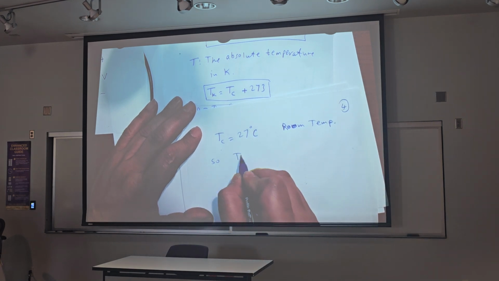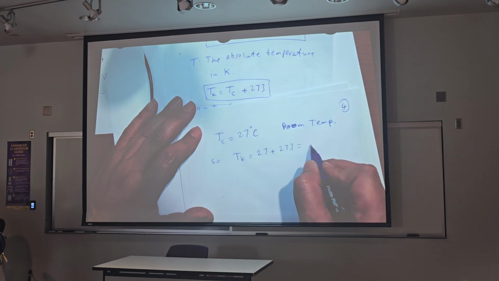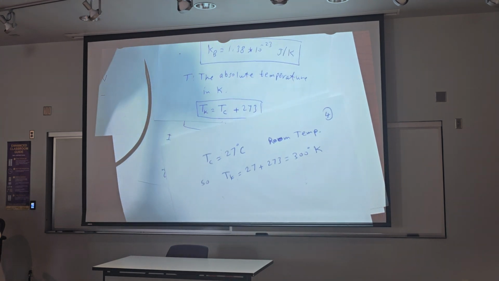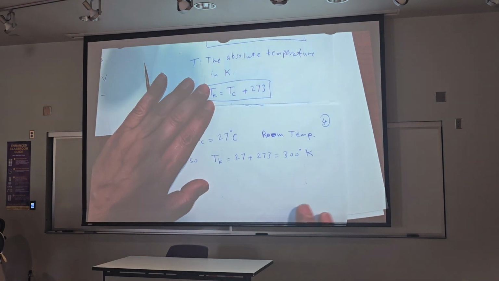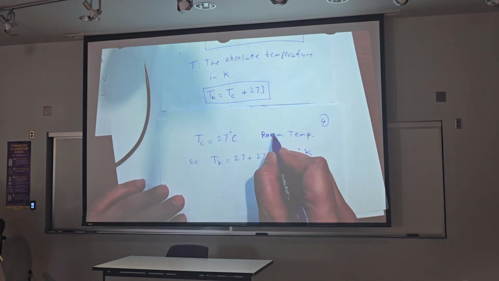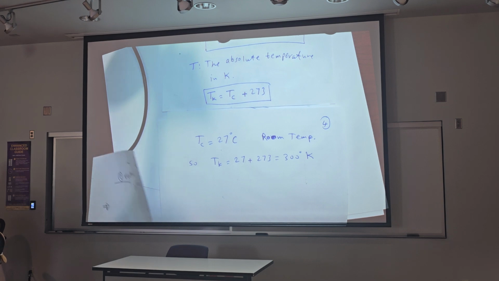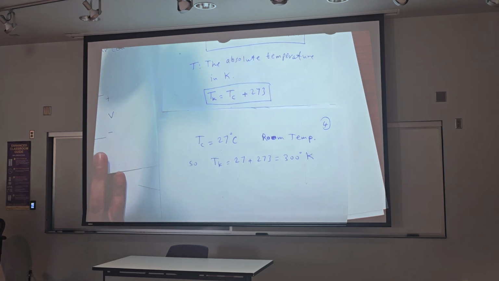So TK equal 27 plus 273 equal 300. Get 300. Okay, any question please?